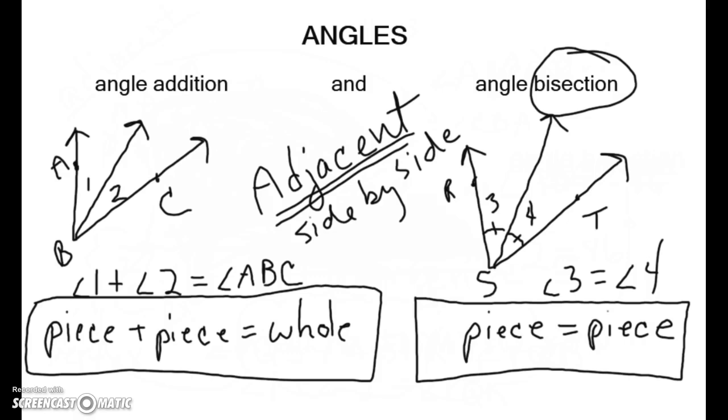When I look at these pictures, this small angle 1 is definitely side by side with angle 2. Likewise, in this picture, angle 3 is definitely adjacent to angle 4. Side by side, they don't overlap, there's no gaps. That's the vocab word, adjacent.